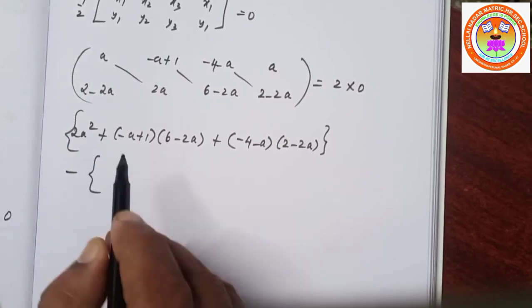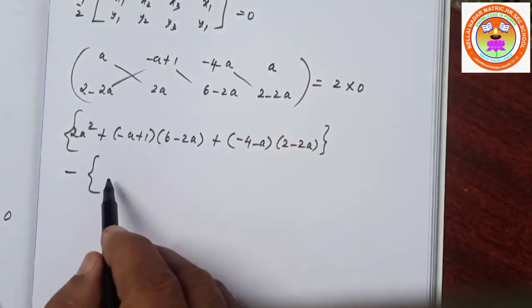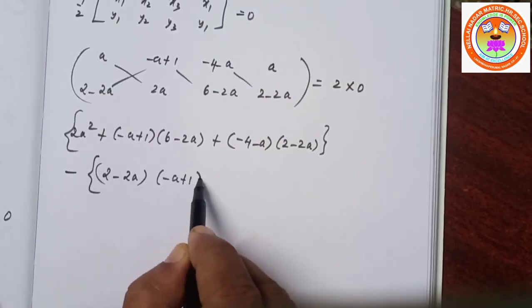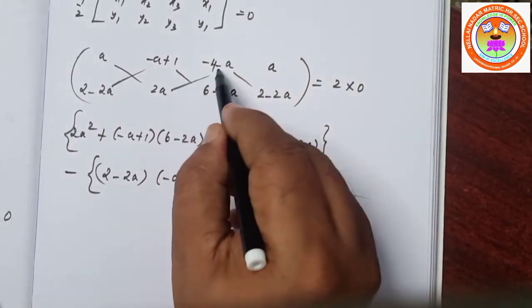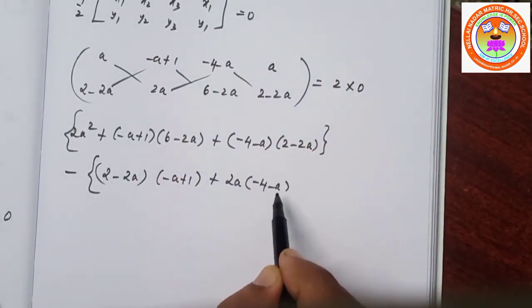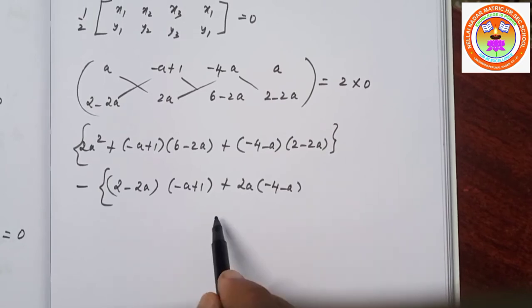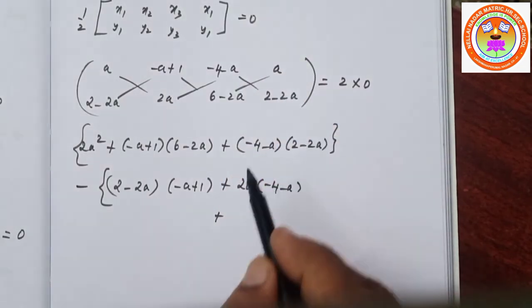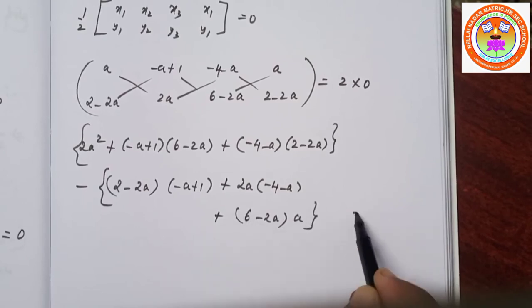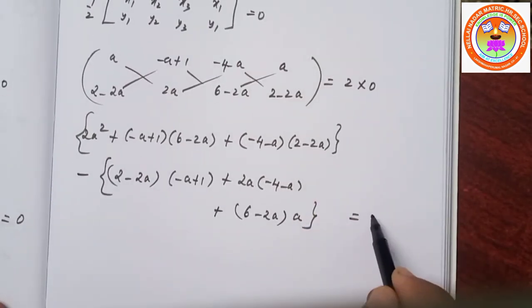Minus, then you have to multiply these two, 2 minus 2a into minus a plus 1, multiply these two, put plus, 2a into minus 4 minus a, again put plus, multiply these two, 6 minus 2a into a, that is equal to 2 into 0, 0.